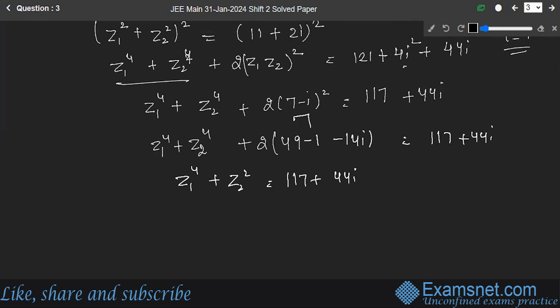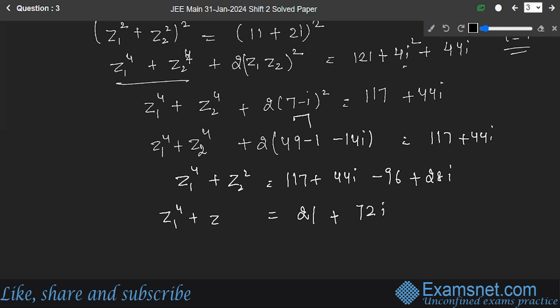This becomes 48 multiplied by 296 minus 96, and here will be plus 28 iota. On subtraction of both of them, you will get 21 and this will give me 72 iota.